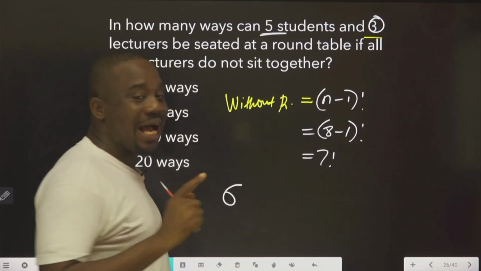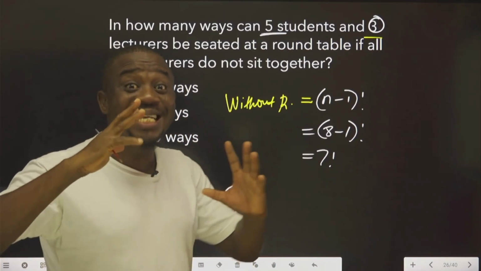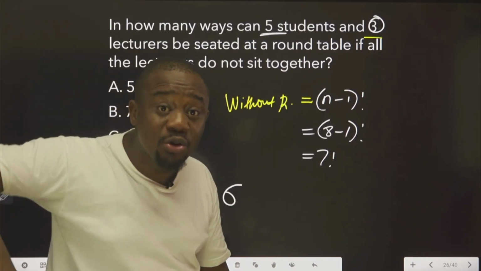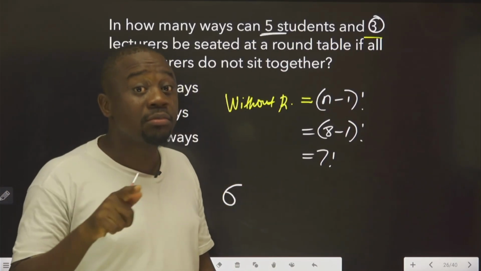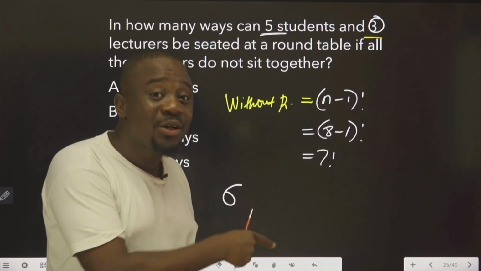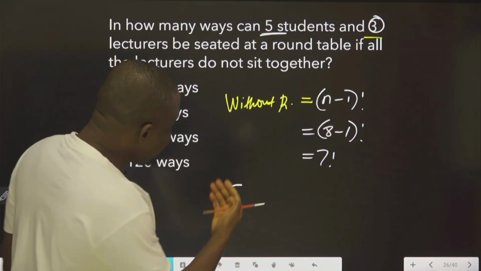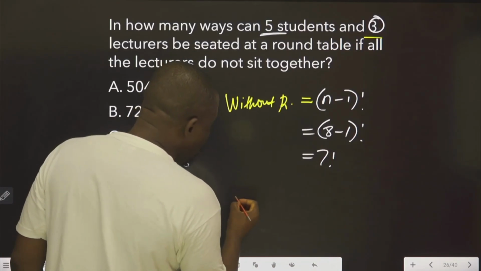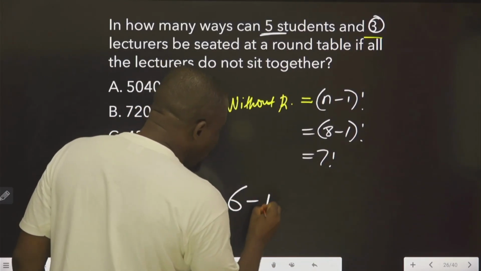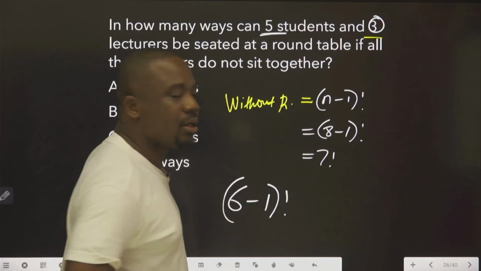It's like you are looking at 6 people now to sit round a table. Out of the 6, we fix one, just the way we did before. So for this one, we are going to do 6 minus 1 factorial.